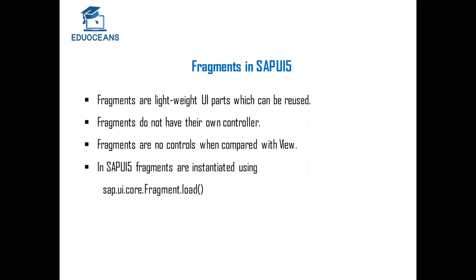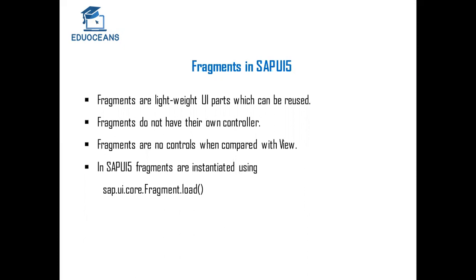So that's why fragments are lightweight. Whenever you declare any control inside the fragment, and you want to get the instance of the fragment, you will not get the instance of the fragment; you will get the control of the fragment. Suppose in a fragment one dialog is declared.